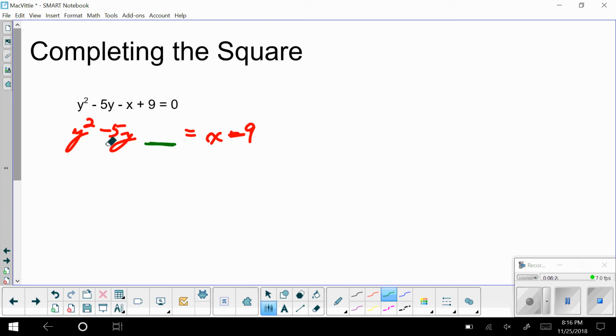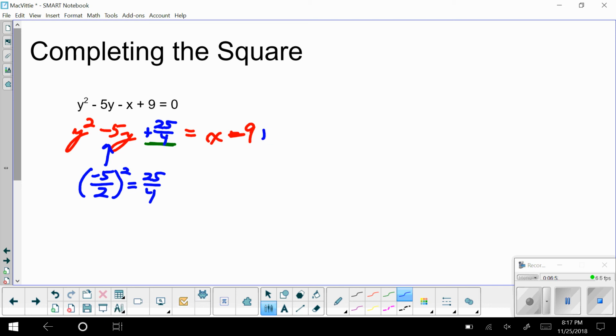So the way I figure that out is I take the b value from our ABC when we do quadratic formula. The b value goes with the variable raised to the first power. And I want to take that and divide it by 2 and then square it. So that's 25/4. And that's what I'm adding on to make this a perfect square.